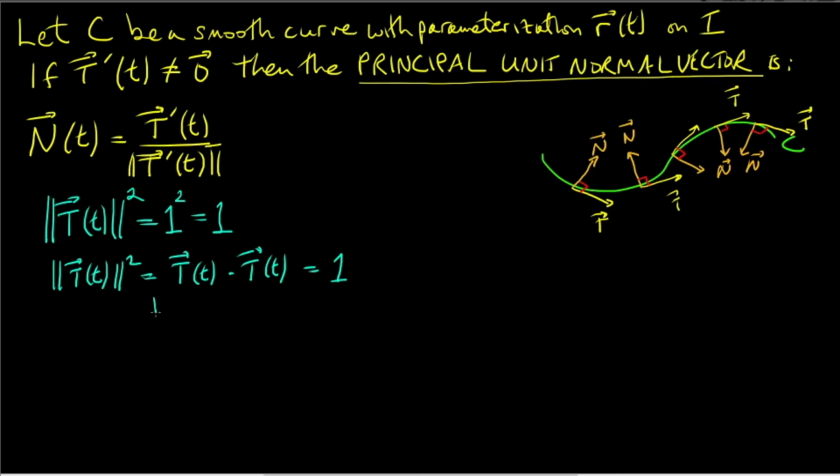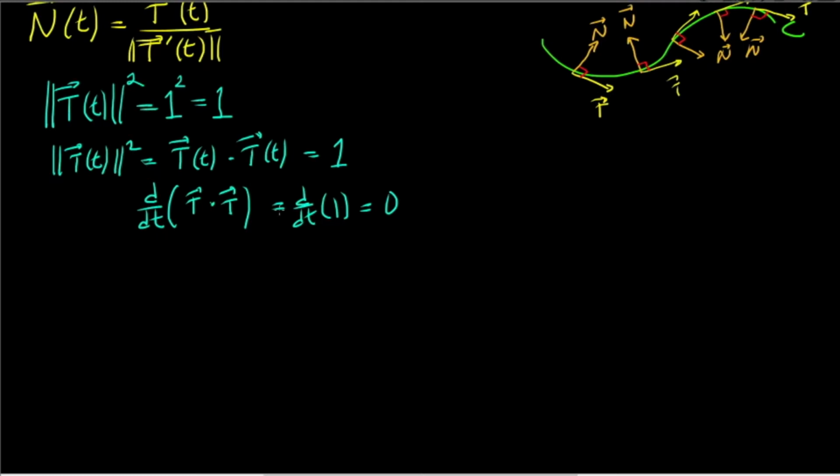So let's just take the derivative of both sides. And we know it's a function of t, so the derivative of T dot T is equal to the derivative of 1. Well, the derivative of 1 is 0. And remember, when you take the derivative of the dot product, it's the product rule. So you have the first dot the derivative of the second, plus the derivative of the first dot the second. And that's still 0.